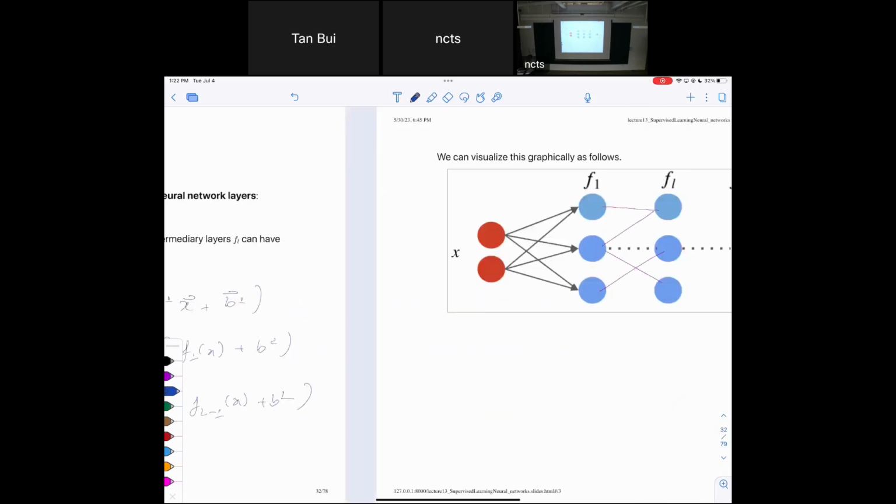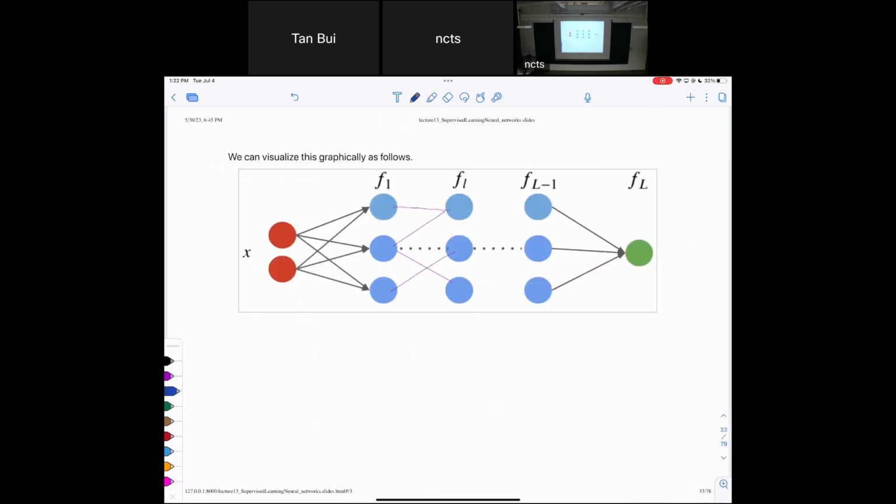Now, this is just visually how it looks. You have input to the first layer, and then the output of one layer is the input of the next layer, and so on and so forth, in a directed manner.